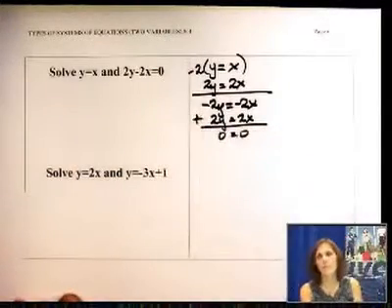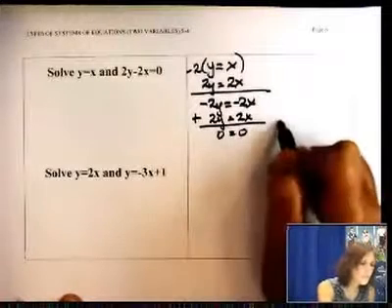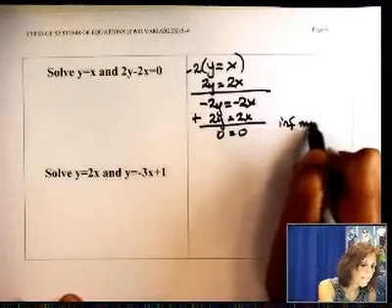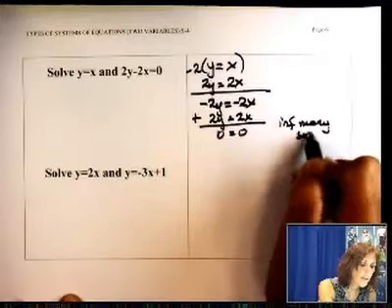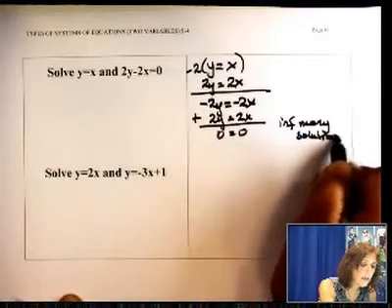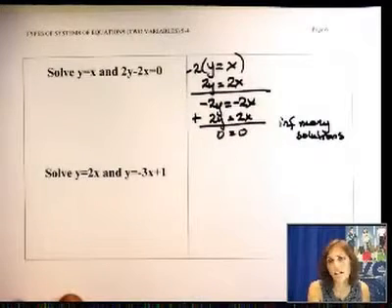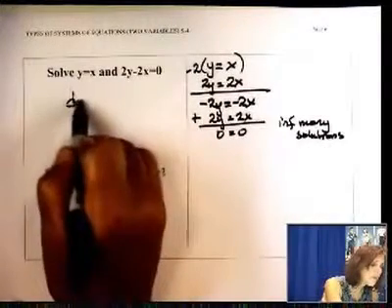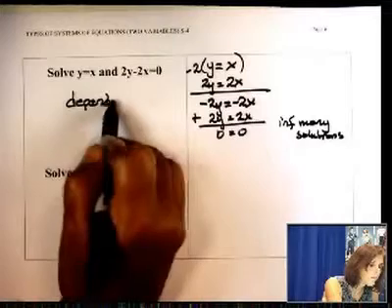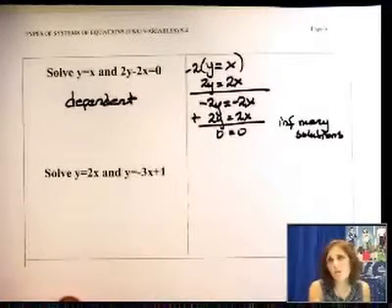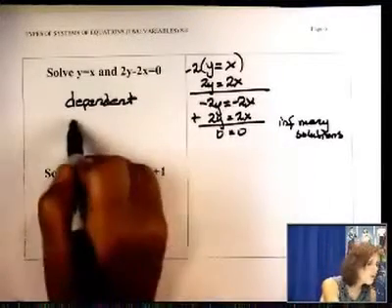What does that mean? You have infinitely many solutions. All right. And actually, I did not have two lines, but I had one line. What is that? That's a dependent system. And since it had infinitely many solutions, it's also consistent.